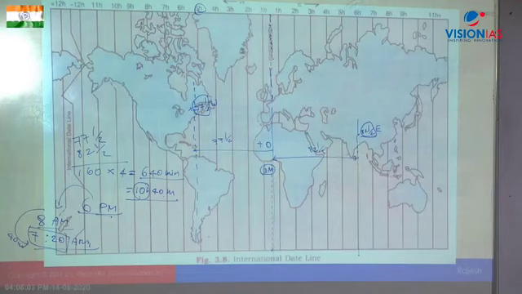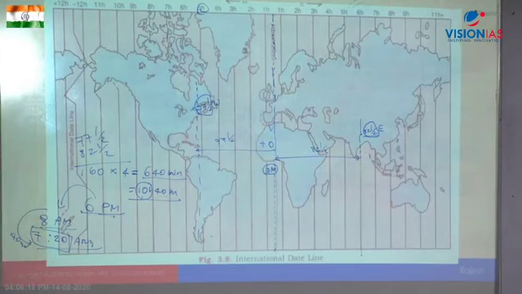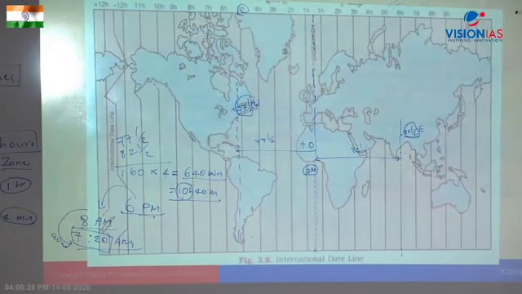It is not 7:22, it is 7:20 because it is exactly 40 minutes. From 8 o'clock you have to come back by 40 minutes, that is 7:20 a.m. I hope it is clear.